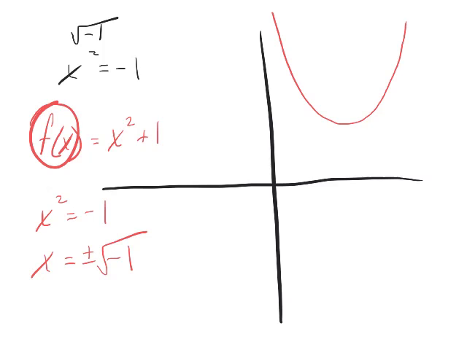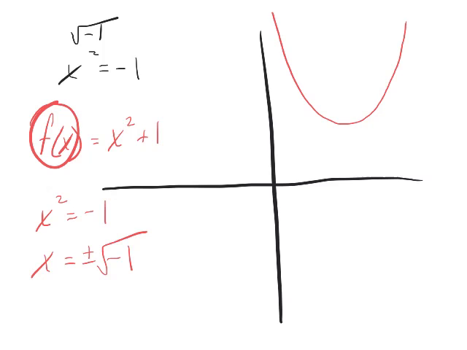And since there is no such number, that just means that the graph does not cross the x-axis. So there are no real number solutions.